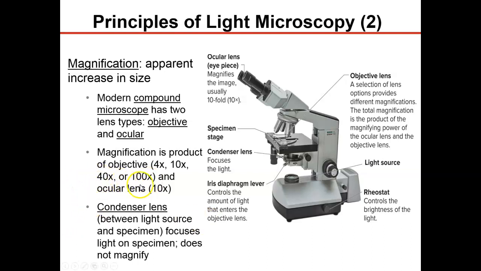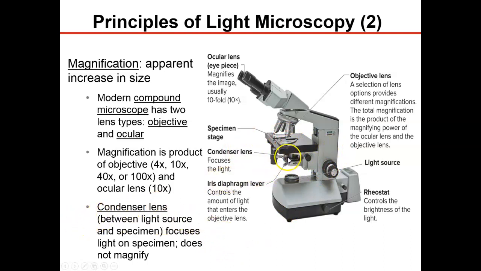And then the highest power is your oil immersion. This one has to have oil, it's going to be a wet lens, and is 100 times magnified. So you're going to multiply the ocular lens by the objective lens to see how large that object is going to look under the microscope.